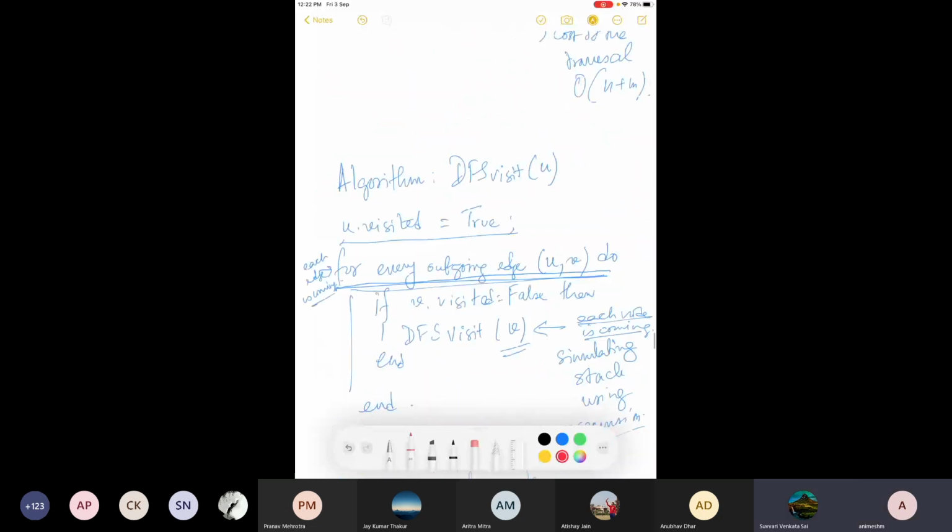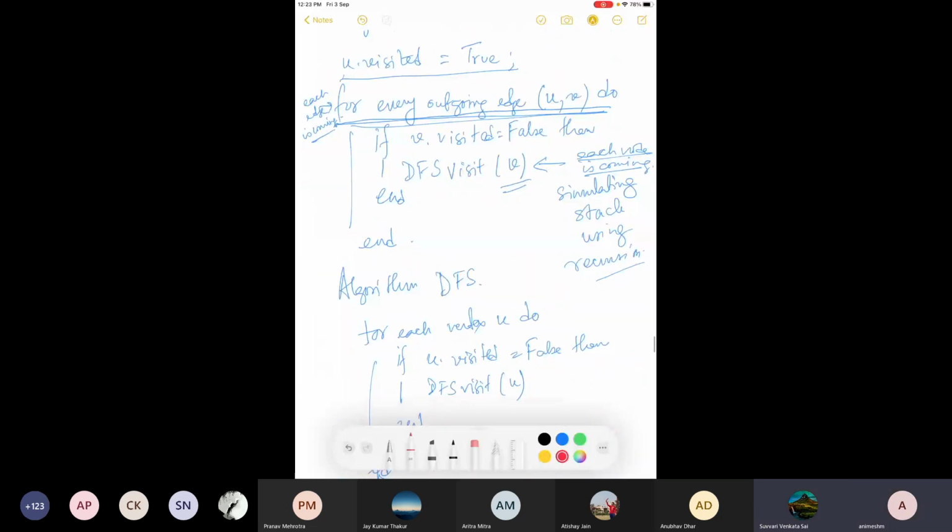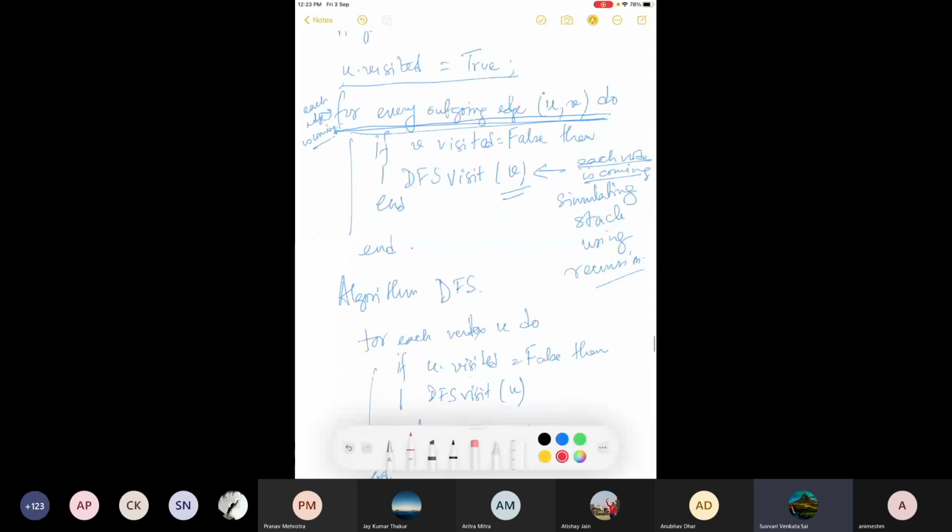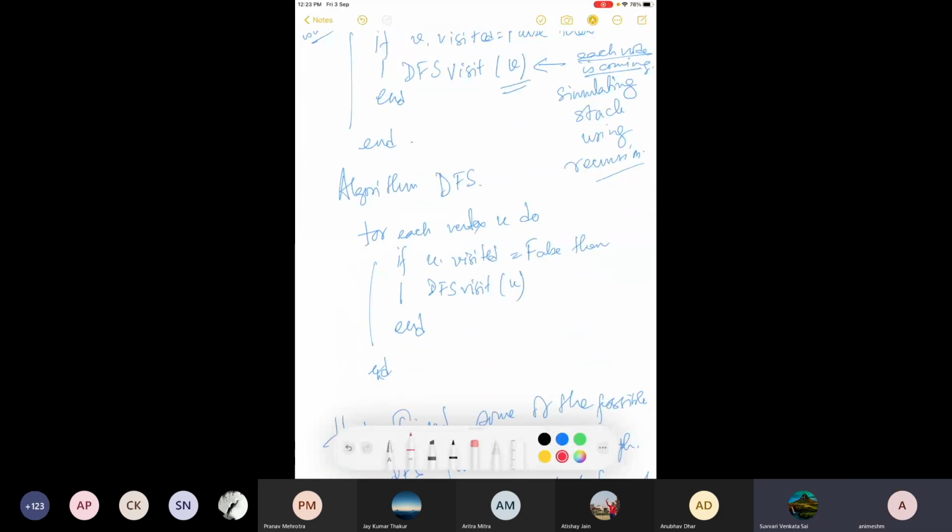Yes, sir, we will check all unvisited vertices. Yeah, that is why it is said for each vertex. This has to be done for each vertex. So 2 will remain unvisited, and therefore, since it is false, it will start with 2 again. This is a different chain. Then the same thing will happen with 3 also in that graph.